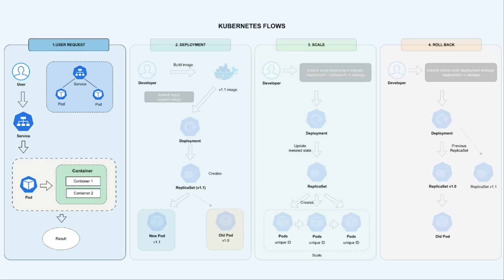So in summary, the request flow is: the user sends a request, the Service receives it, the Service routes it to a Pod, the container processes the request, and finally, the response is returned to the user.